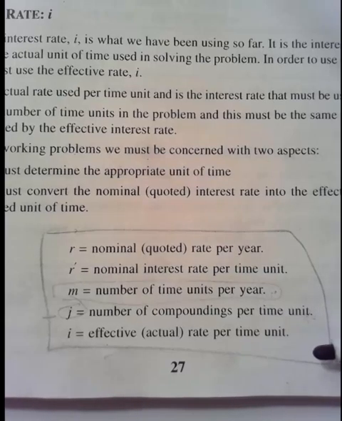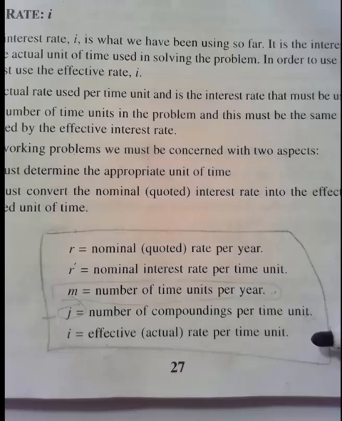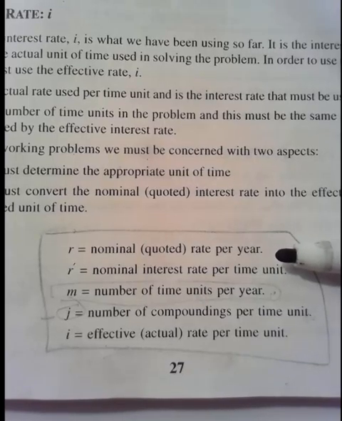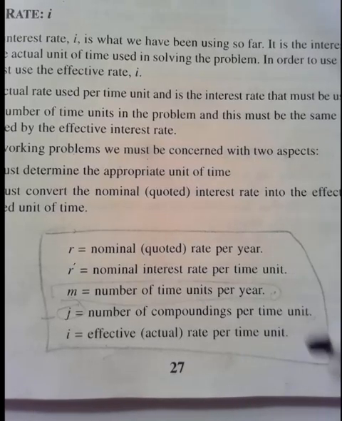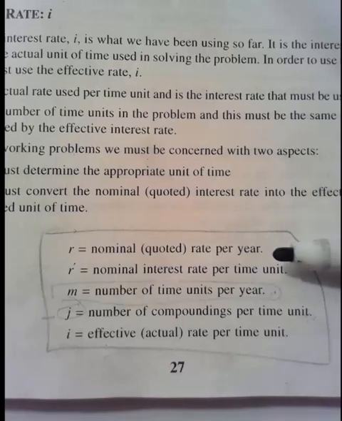Then I is the interest rate we are looking for, the effective interest rate per time unit, usually per interest compounding unit, and it is the actual interest rate that we're going to pay, not the one announced. So how can we infer the effective interest rate from the nominal interest rate, the one quoted?